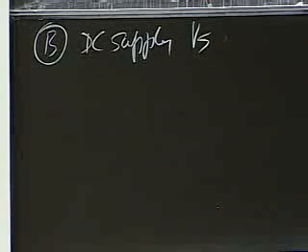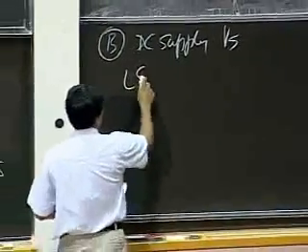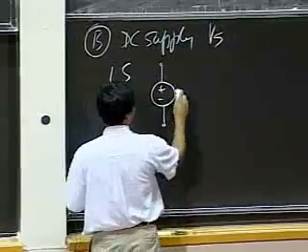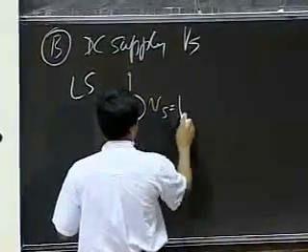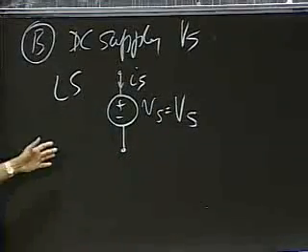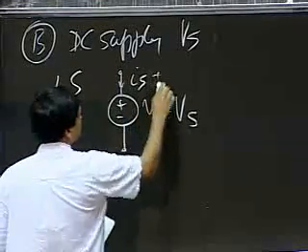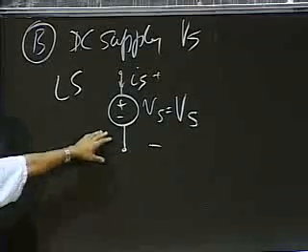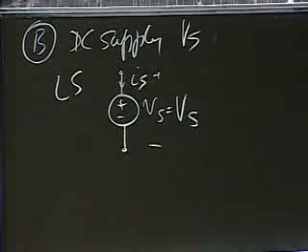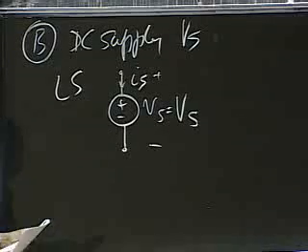So let me ask you, the large signal model for a DC supply looks like this. The element law for a voltage source is Vs equals some capital Vs. It's a constant voltage.